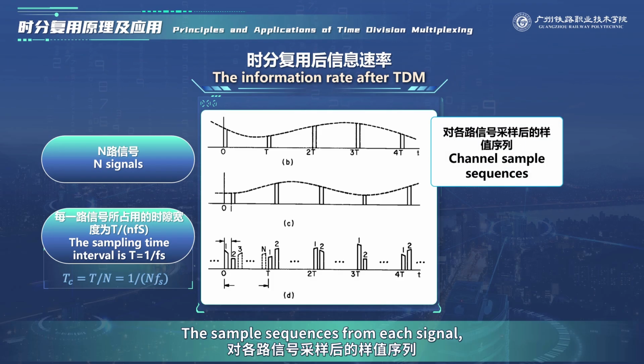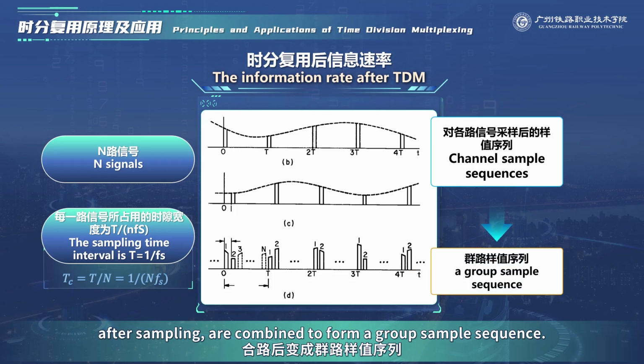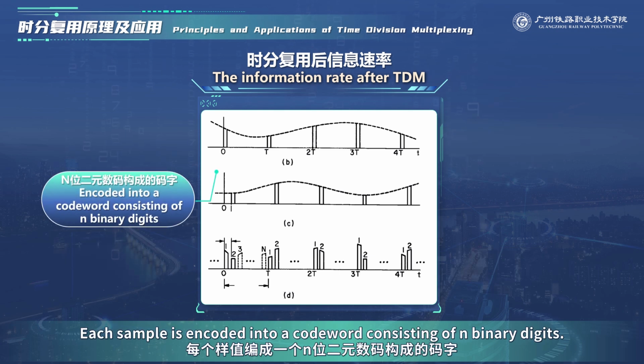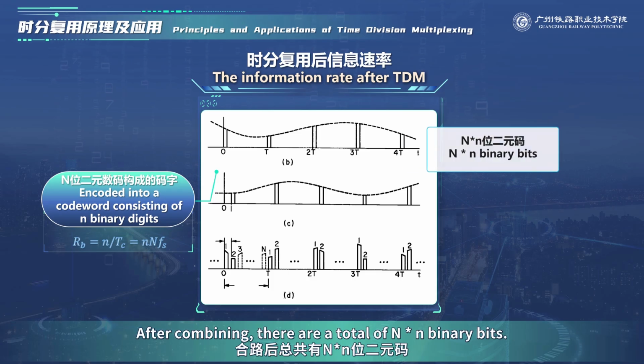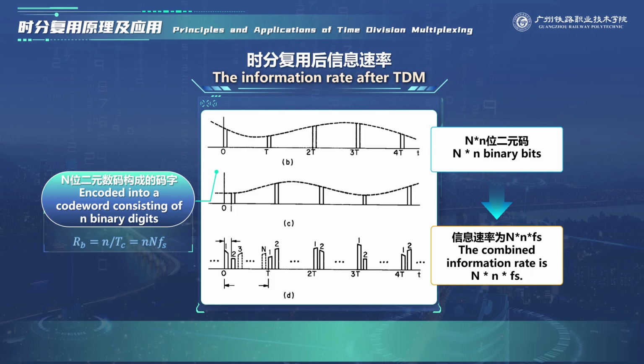The sample sequences from each signal after sampling are combined to form a group sample sequence. Each sample is encoded into a code word consisting of N binary digits. After combining, there are a total of n times N binary bits. The combined information rate is n times N times fs.